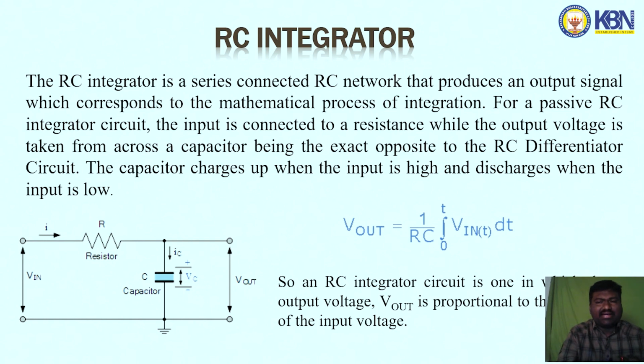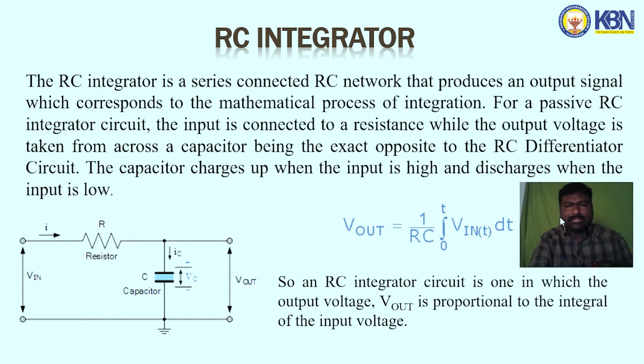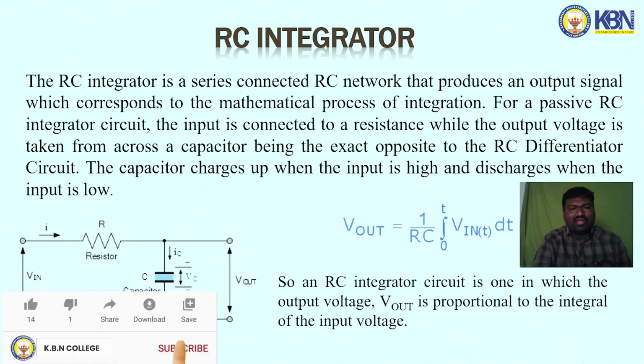An RC integrator circuit is one in which the output voltage is proportional to the integral of the input voltage. In the circuit, the input voltage is applied to the circuit and the output voltage is taken across the capacitor.